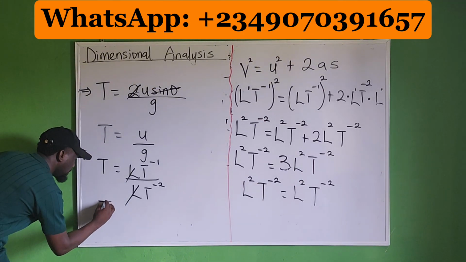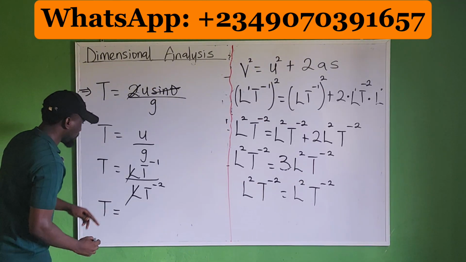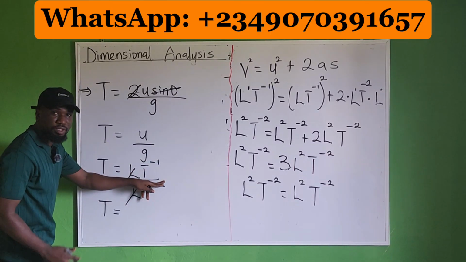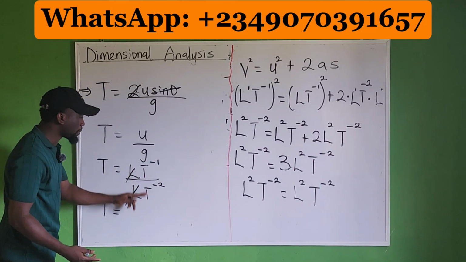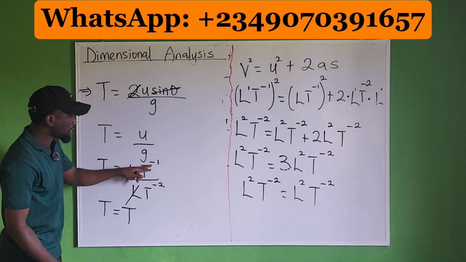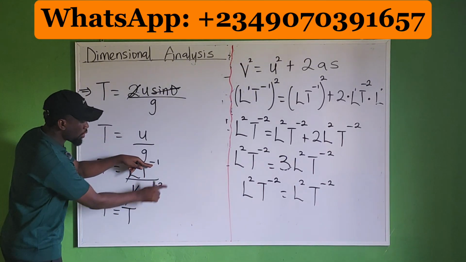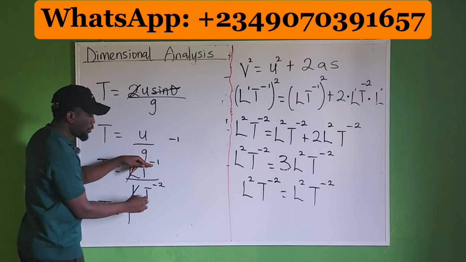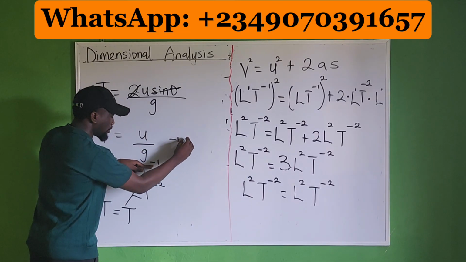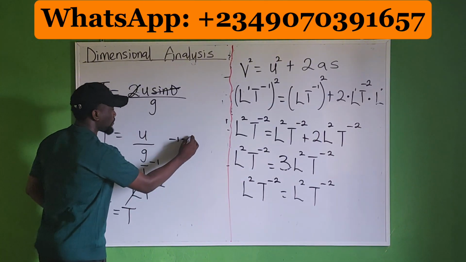So we have T equals T raised to minus 1, T raised to minus 2. Applying the law of indices, pick one of the bases now, which is T. So this is negative 1. If this one comes up now, that's negative 1. You know, we are subtracting now because of this division. So that's negative 1 minus negative 2.